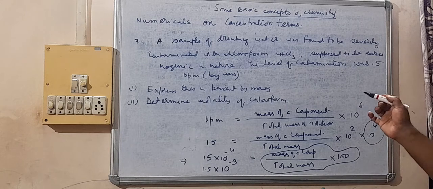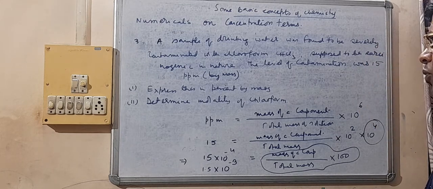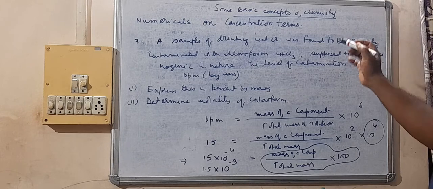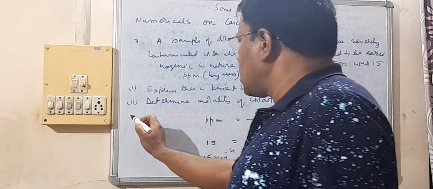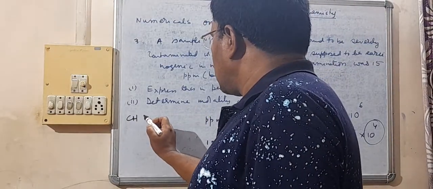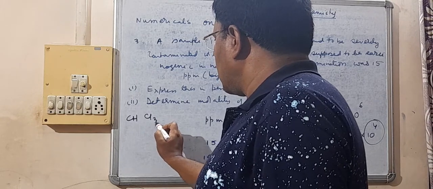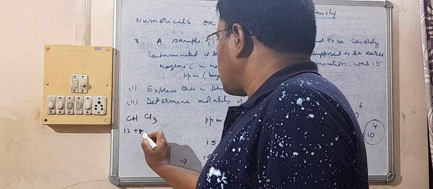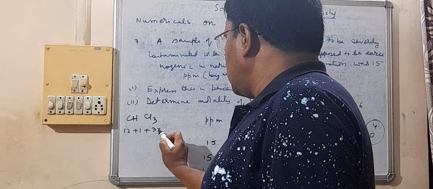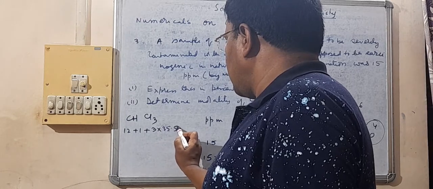Okay, now first of all we have to know the molar mass of chloroform. Chloroform molar mass is 12 plus 1 plus 3 into 35.5.